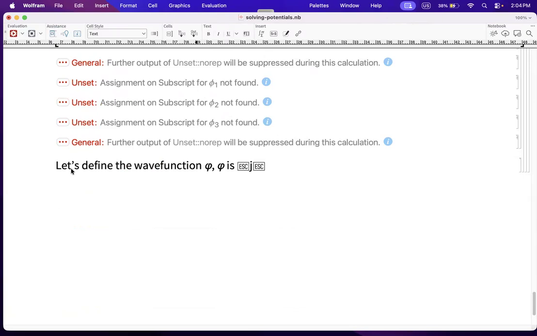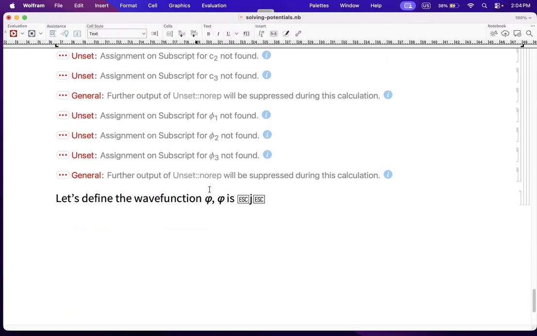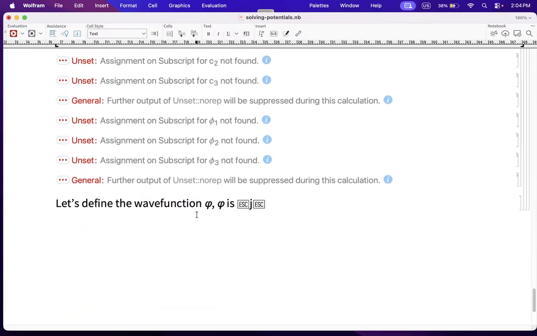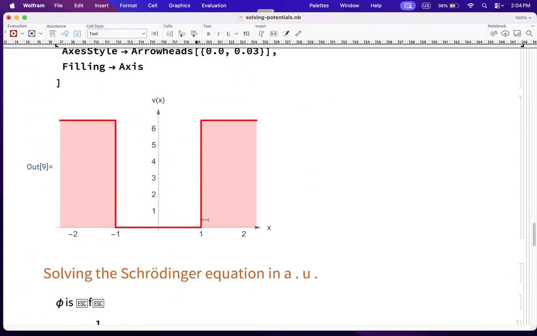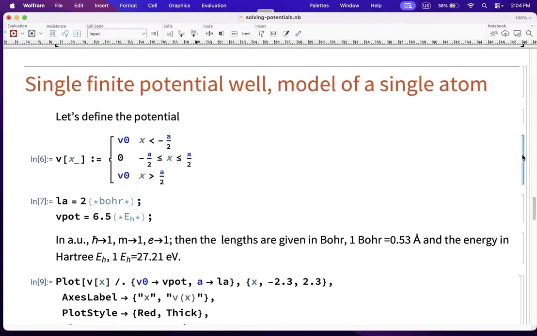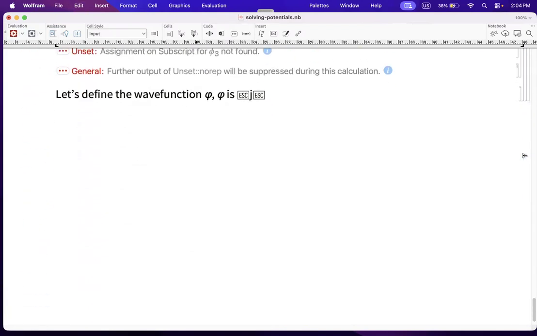Okay, now we are going to define the wave function phi, right? So it would be like this. Before we start doing this, just copy them. So copy this here, so you do not waste time, and you just change this, right?